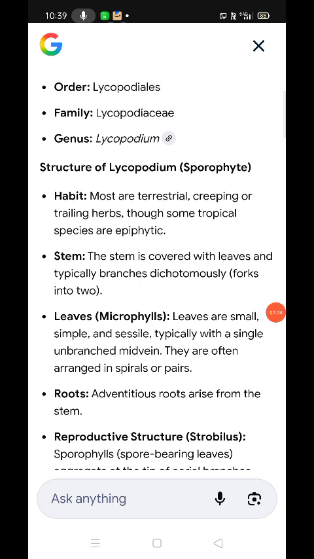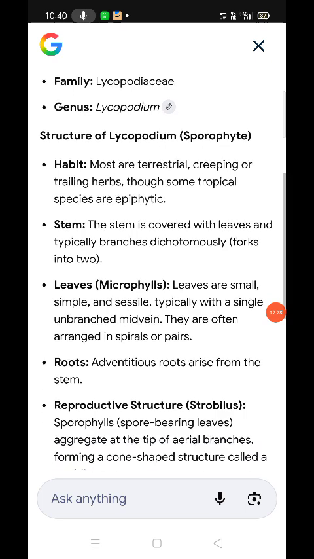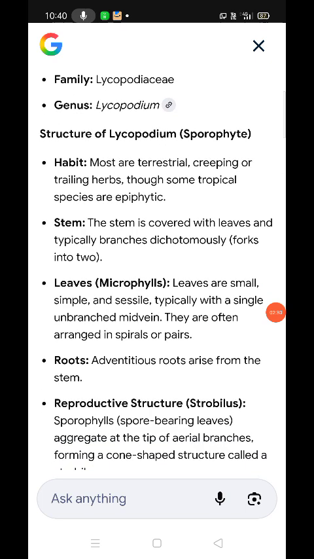The stem is covered with leaves, and typically the branches are dichotomous, forming a fork-like structure in two. This is a characteristic of Lycopodium: the leaves are present throughout the stem and cover it.